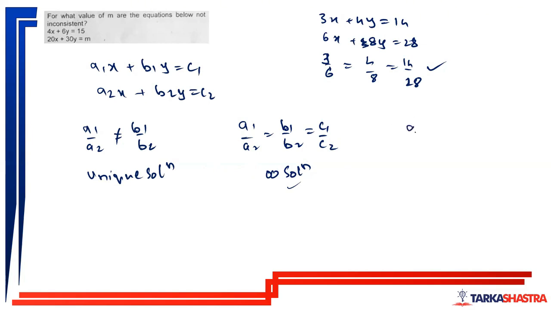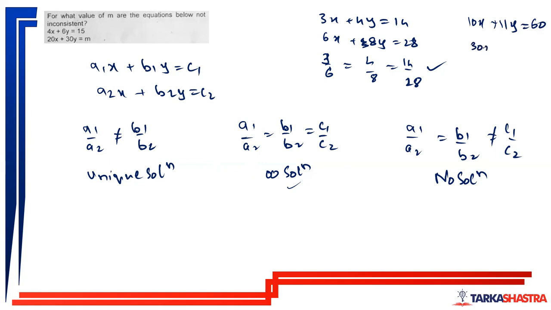And then the third case, whenever a1 upon a2 is equal to b1 upon b2, which is not equal to c1 upon c2, in such cases we get no solution. For example, 10x plus 11y is equal to 60, and 30x plus 33y is equal to 190. So what we have? 10/30 is equal to 11/33, which is not equal to 60/190.